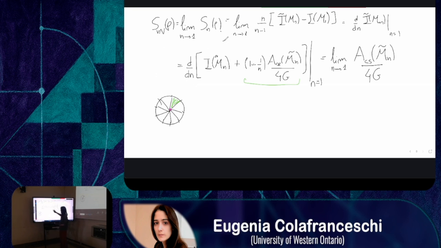So by doing this and performing this limit for n that goes to 1, we find this result, that the von Neumann entropy is given by the area of a conical singularity. So when we perform the limit for n that goes to 1, we go back to looking at the original manifold.